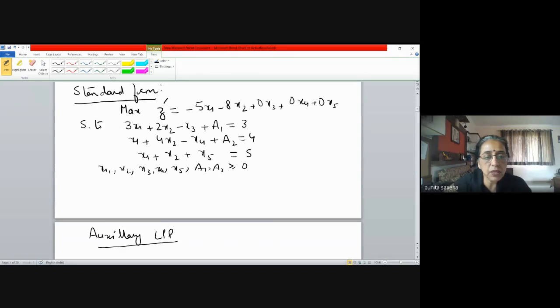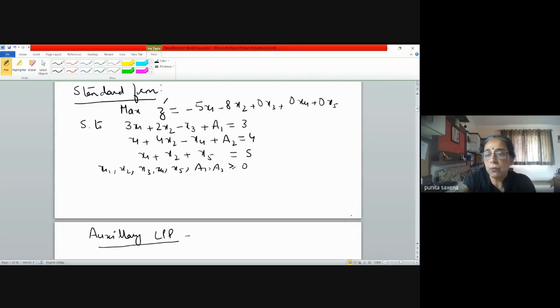The corresponding auxiliary LPP means my objective function will have 0 coefficients with all the decision variables, and slack and surplus, except the artificial, which will have a coefficient of -1 attached to it.